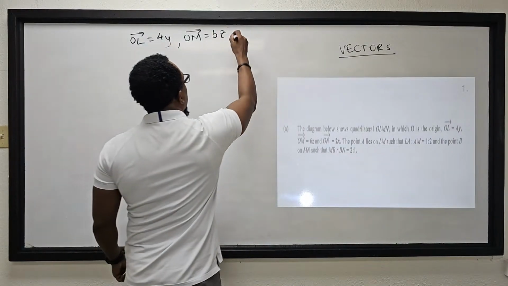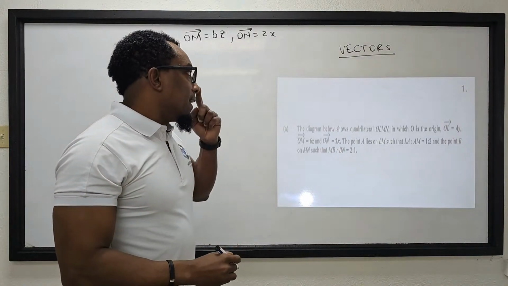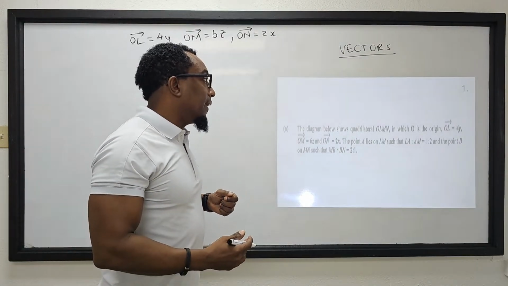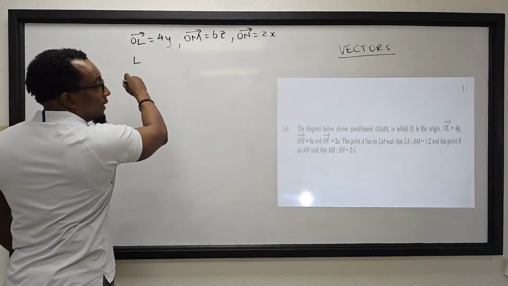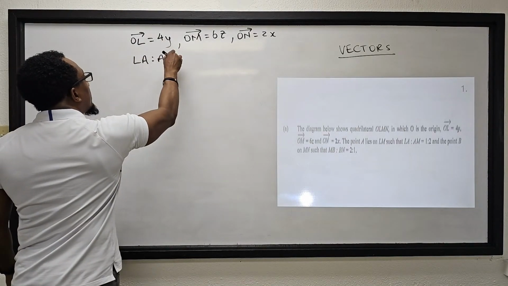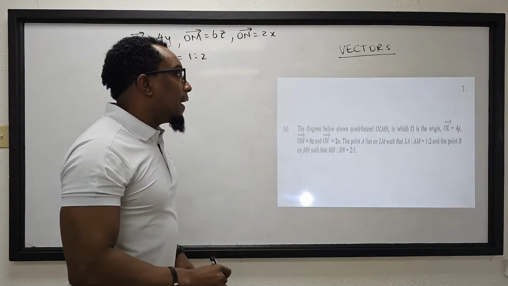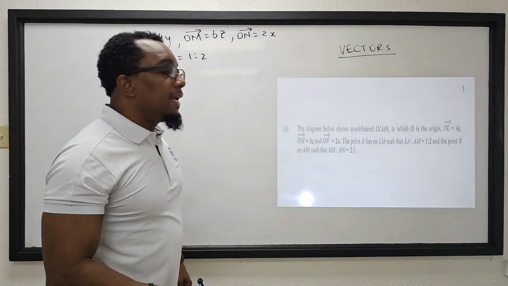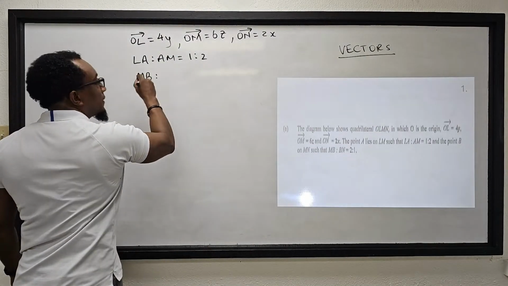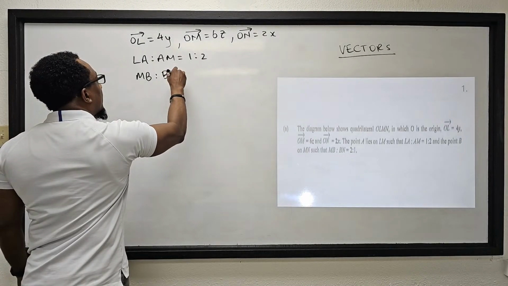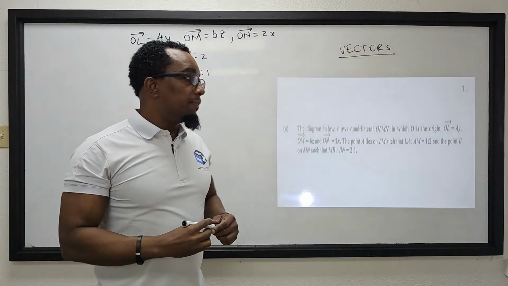Vector ON has magnitude 2x. To give more information, the point A lies on LM such that LA to AM, they often give you a ratio, is 1 to 2. And the point B lies on MN such that MB to BN is 2 to 1. This is important information that is given.